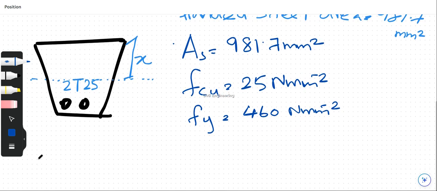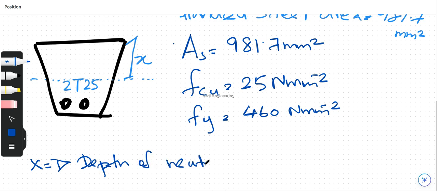First I will select x, the depth of the neutral axis, and for the compression it contributes 0.9x according to the BS 8110 part 1 book.